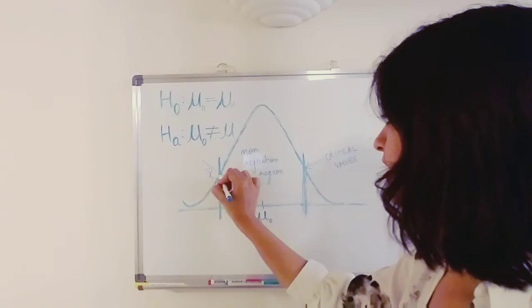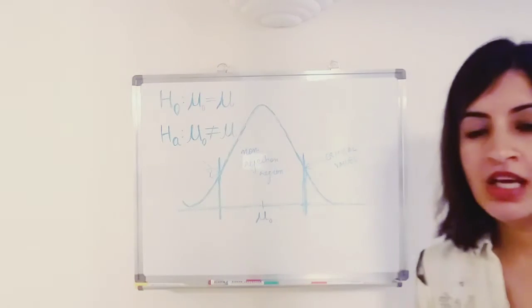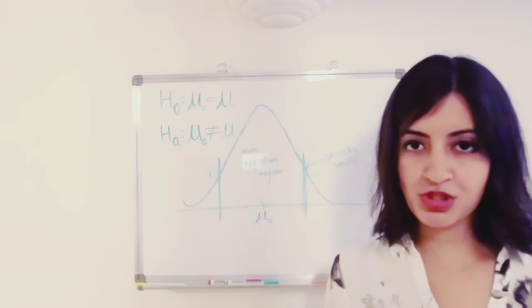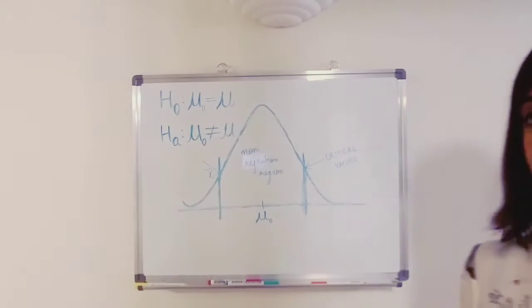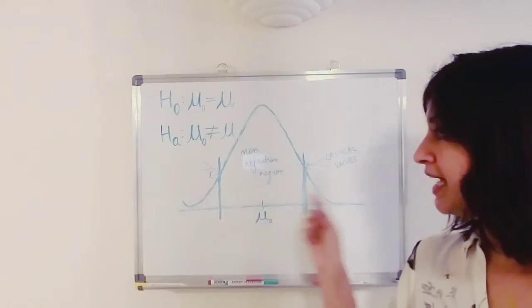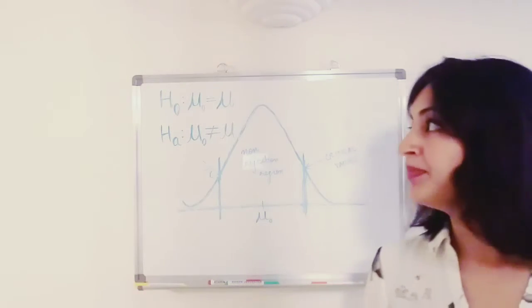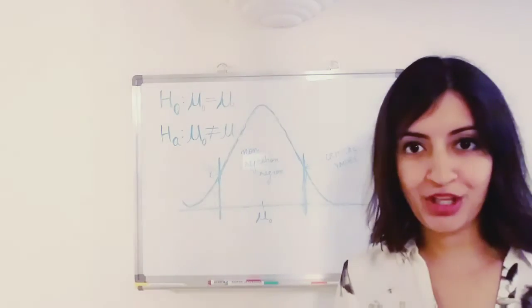These are the critical values. These would depend on whether we are using the Z distribution or the T distribution, the student's T distribution. So if our mean happens to fall outside the non-rejection region, then we would reject the null hypothesis.